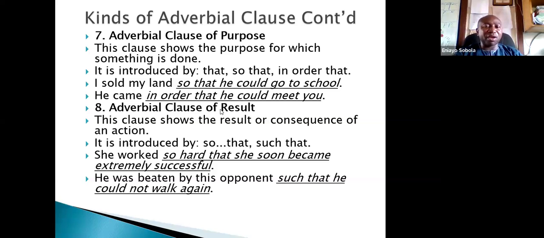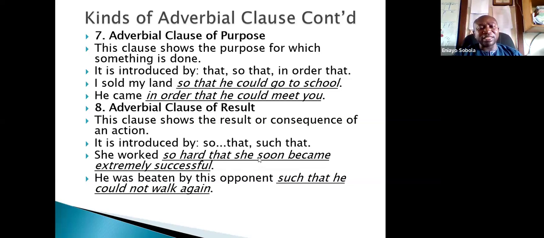The next one is adverbial clause of results. This clause shows the result or consequence of an action. And it's introduced by so that, such that. Example, she worked so hard that she became extremely successful.